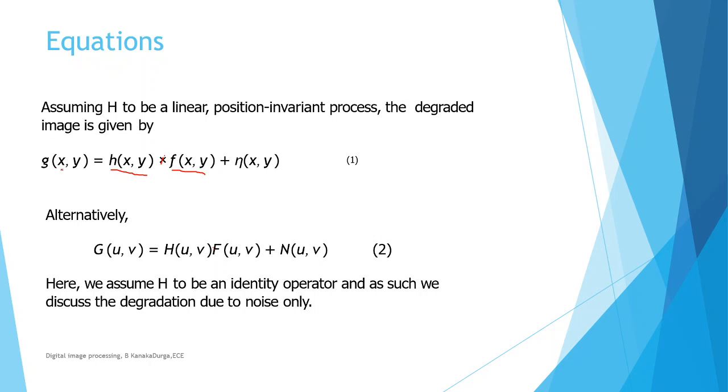Convolution changes to multiplication, where x is replaced with the u variable and y is replaced with the v variable in the frequency domain.